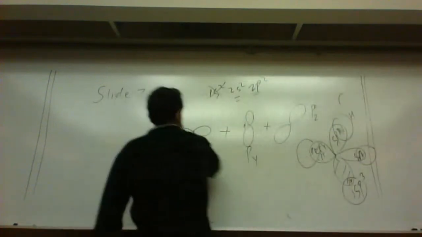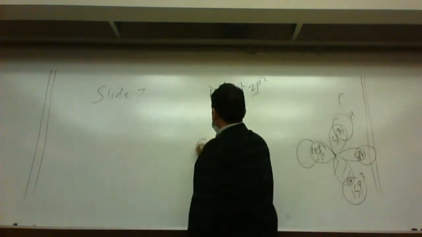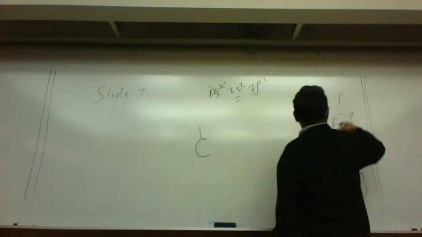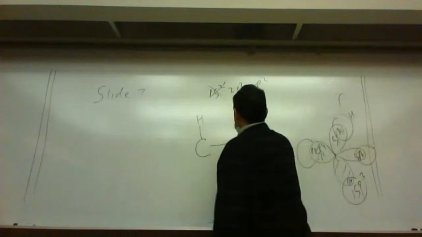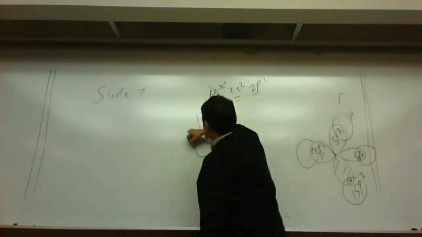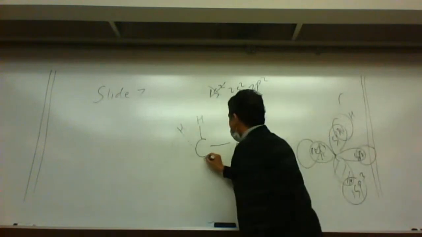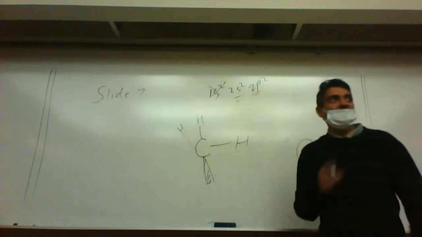If you want to draw it here, I can draw it. So like this. This is C, the central C, and this bond represents this one, and this one represents this one, and then this one is going away, trying to go away there, and this one is coming toward you like this.